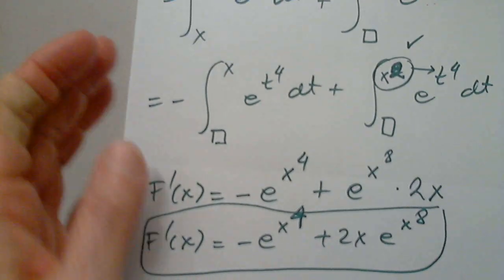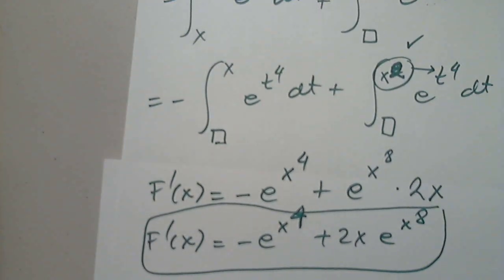Aaron, can you read me how you entered it? Because it's not taking it from me. I did 2x e to the power of x to the power of 8 minus e to the power of x to the power of 4. Oh, I forgot the x in the power. Yeah, as well, it's x, and then to the power of 4. Yeah. Got it. Thank you.